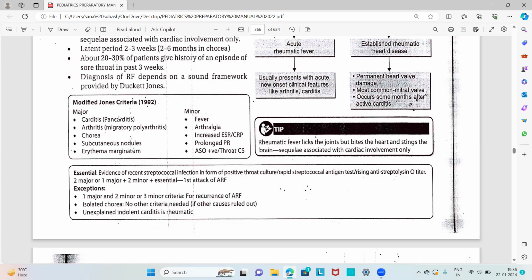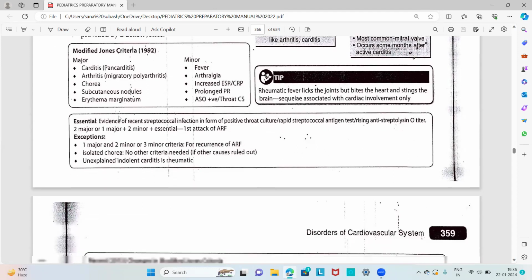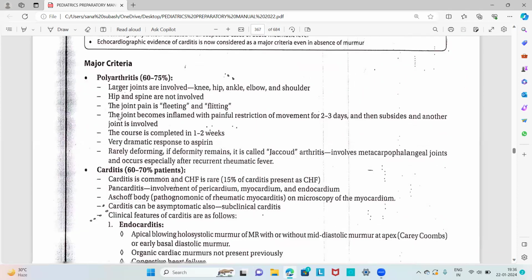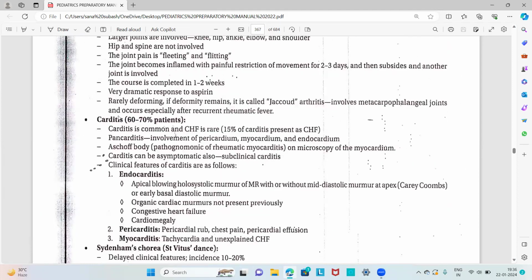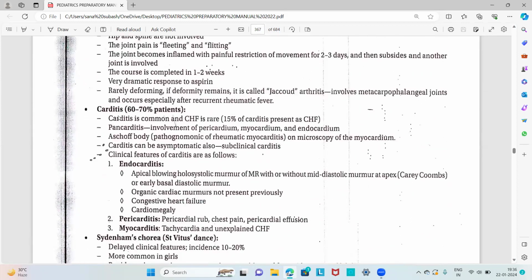But for the diagnosis of recurrent episodes, two major, or one major plus two minor, or three minor criteria should be satisfied along with the essential criterion. So that is all regarding the clinical features and diagnosis of acute rheumatic fever.